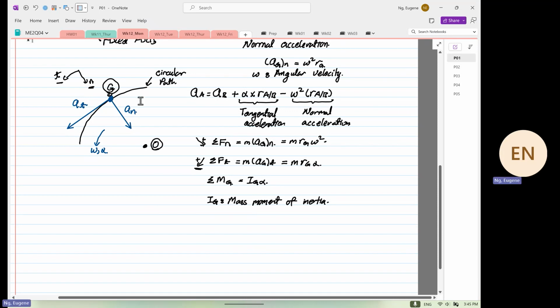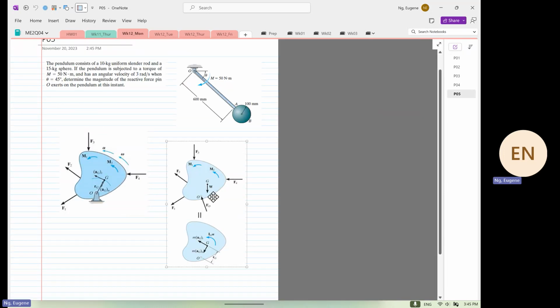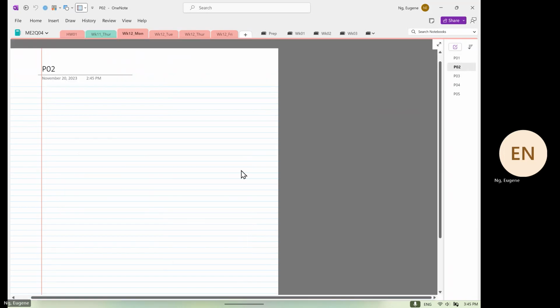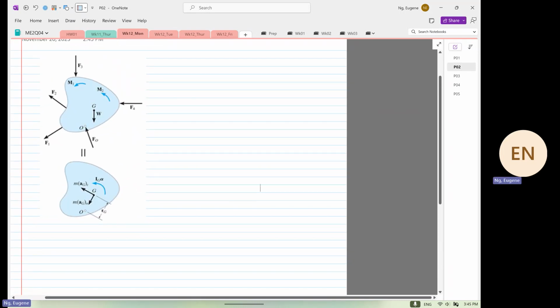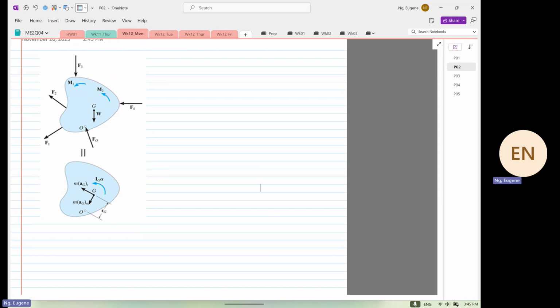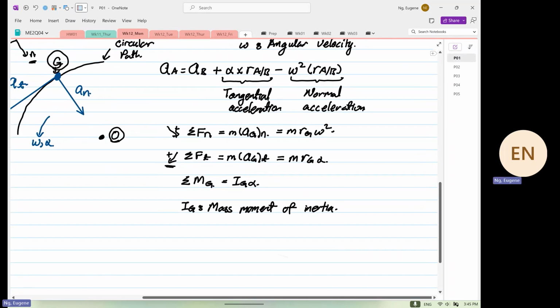Okay, so I'm going to take another diagram, and I want you to refer to this diagram also. So now for this case, based on this configuration, the example before, we took the mass moment of inertia about which point?